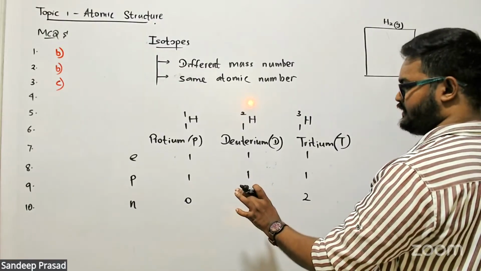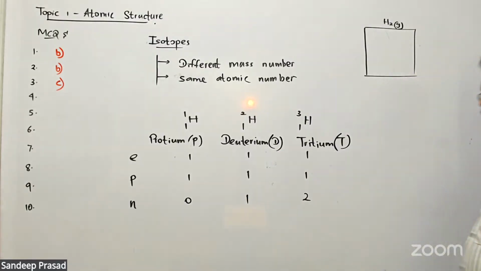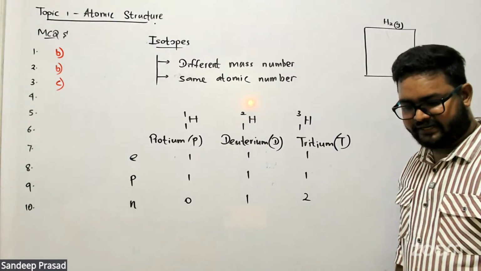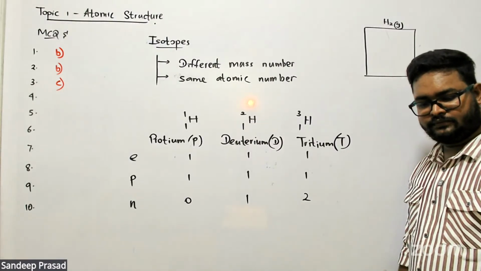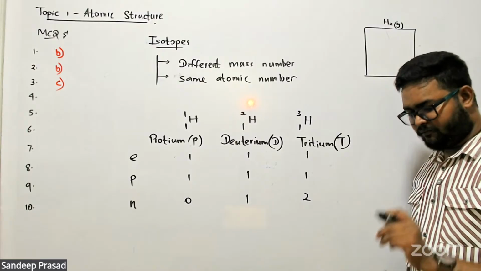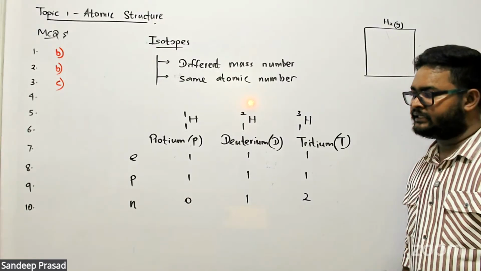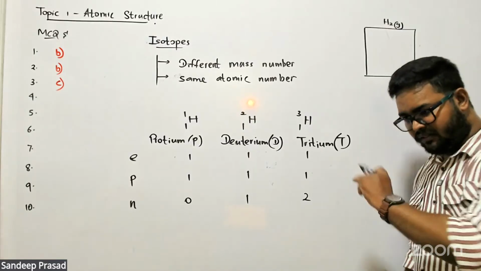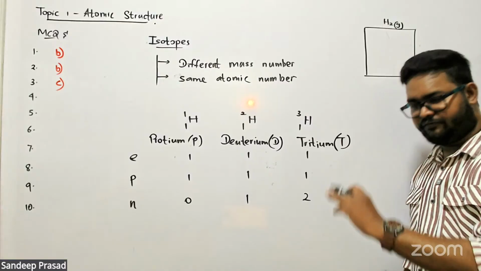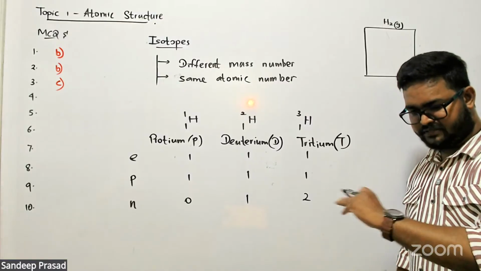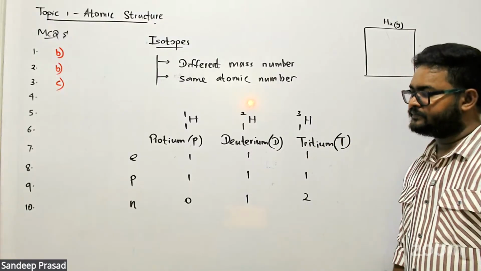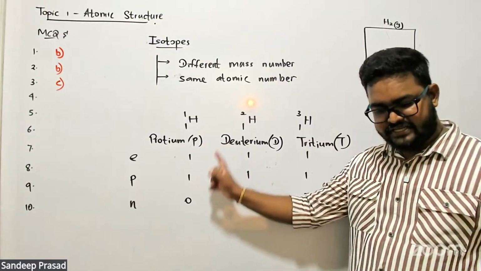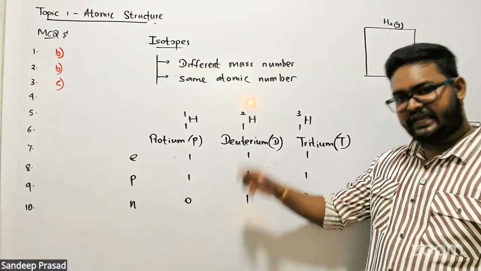So students, if I ask you a question like this: what is the only element in the periodic table which doesn't contain neutrons? It is hydrogen. All the other elements after hydrogen onwards, helium, lithium, beryllium, boron, all the elements are having at least 1 neutron. So hydrogen is the only element which doesn't contain a neutron, right?